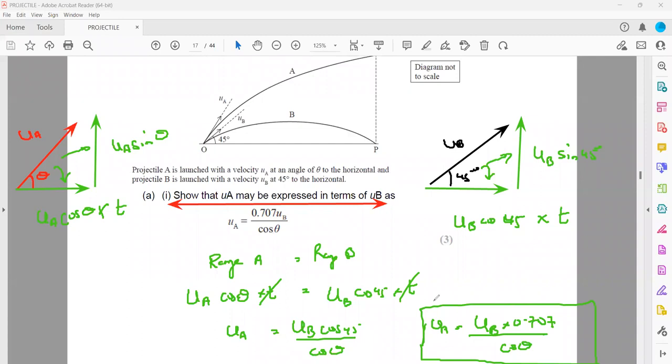We have shown that because they have the same range, speed into time for UA will be equal to speed into time for UB. They will have the same range, not the same speed. Speeds will be different. Ranges are the same. That's why speed into time and speed into time will be equal for both of them, and t cancels with t. So UA cosine theta equals UB cosine 45.